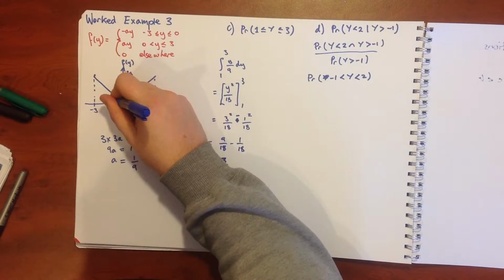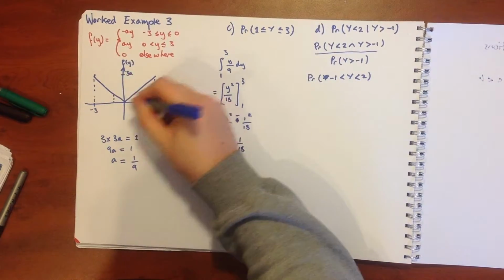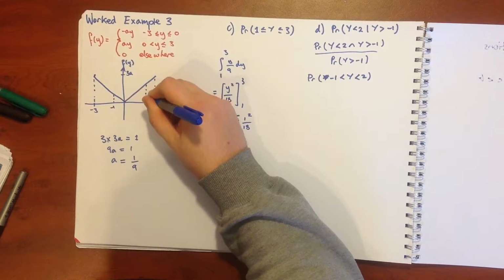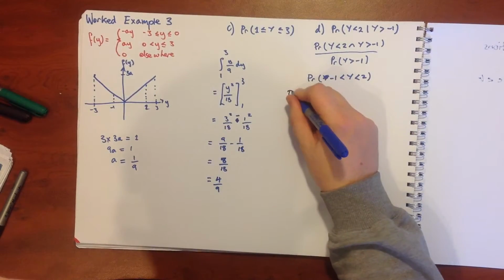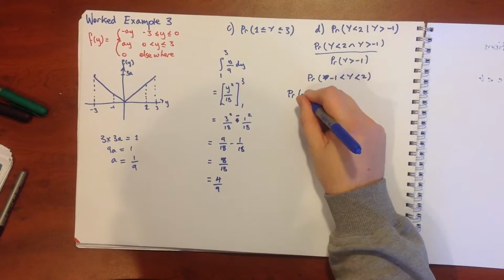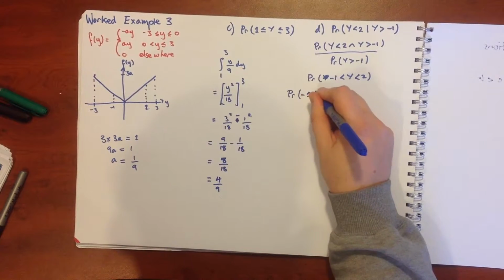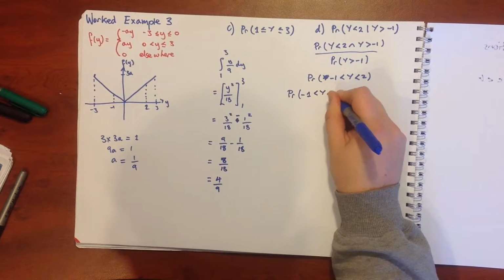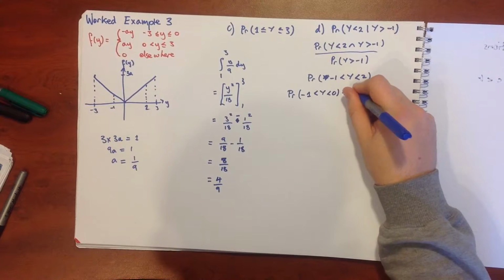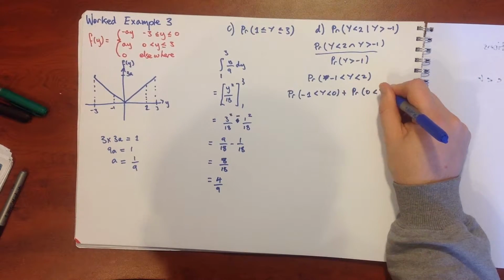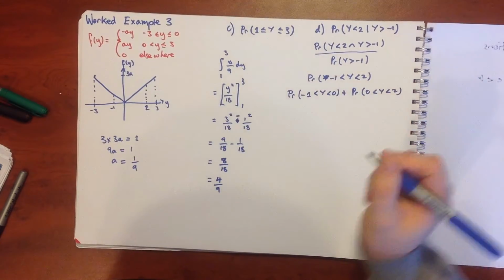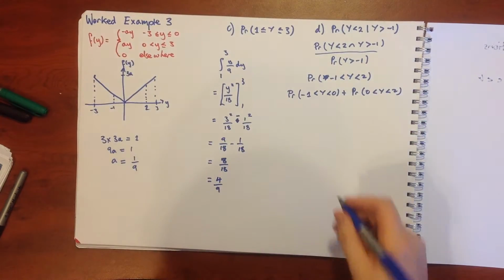So we're looking at from -1 up to there, so we have to do this in parts. That's going to equal the probability of y being greater than -1 and less than 0, plus the probability that y is greater than 0 and less than 2. So we have to add them together, so we have to do two integrations here.